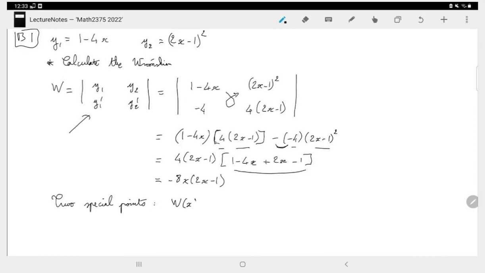So W of x equals 0. And what we get when W of x equals 0 is either x equals 0 or x equals 1/2. Okay, so this is just looking at what values of x cancel this polynomial here. Okay, so that's the first part of the question.